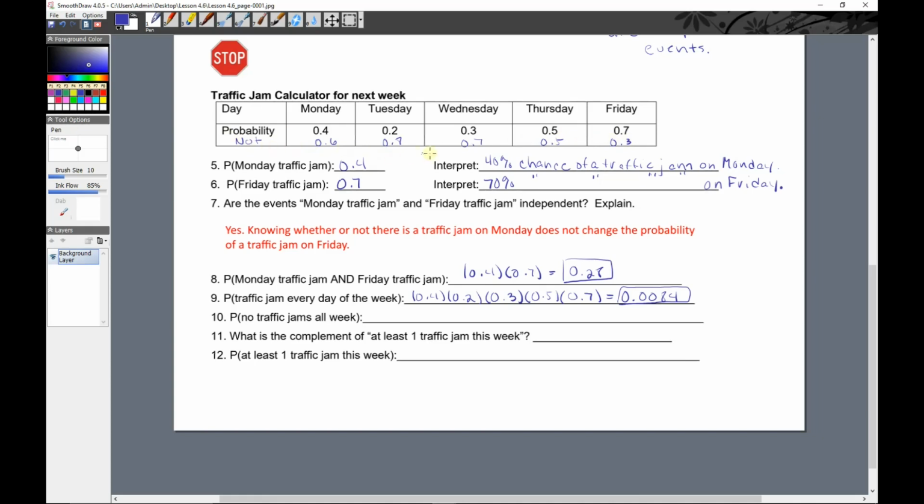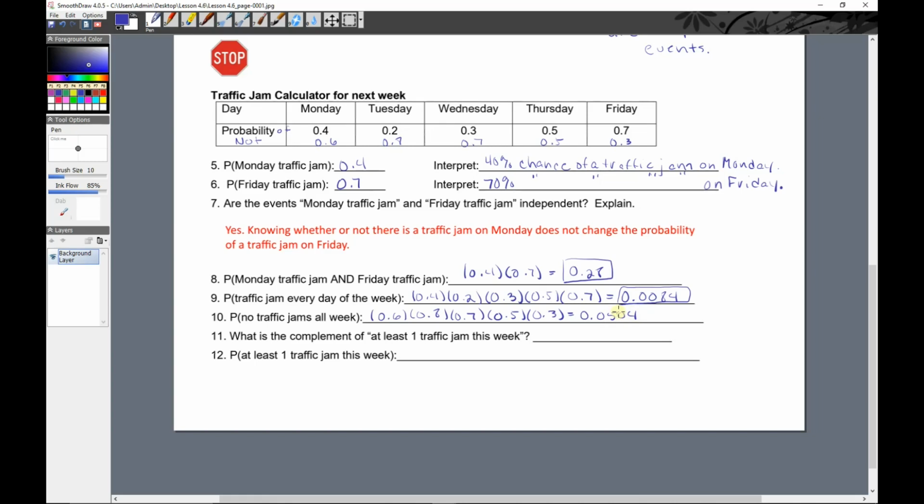So I've kind of extended this table to have the probability of a traffic jam and a probability of not a traffic jam. So now we can multiply all five of those new numbers to see about the probability of no traffic jam this week. So 0.6 times 0.8 times 0.7 times 0.5 times 0.3. And again, it should be a pretty small number, 0.0504.